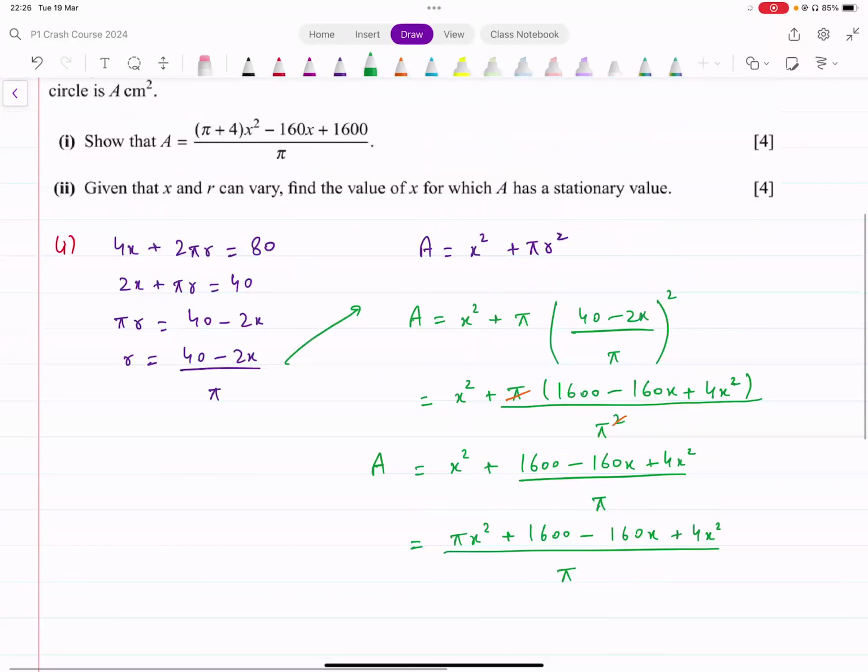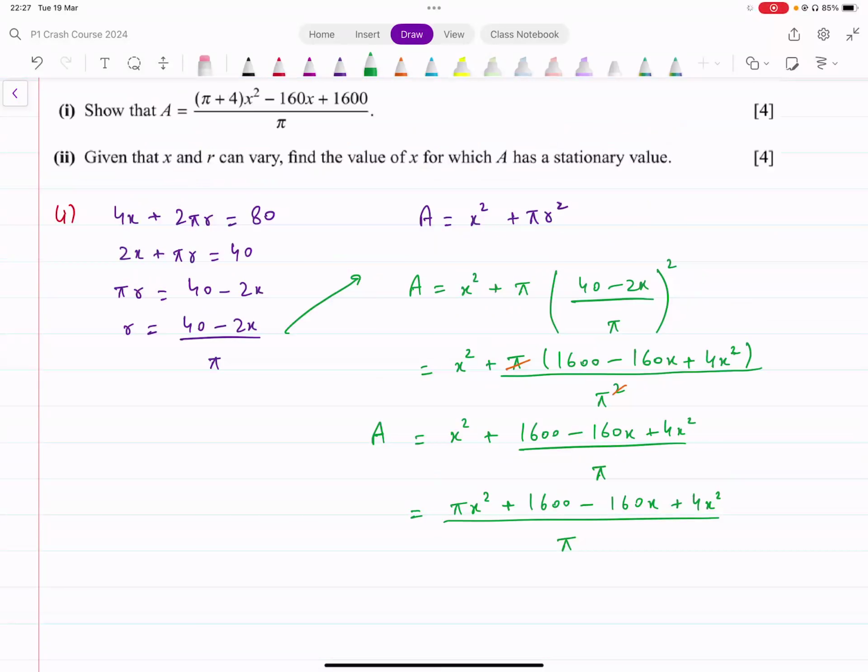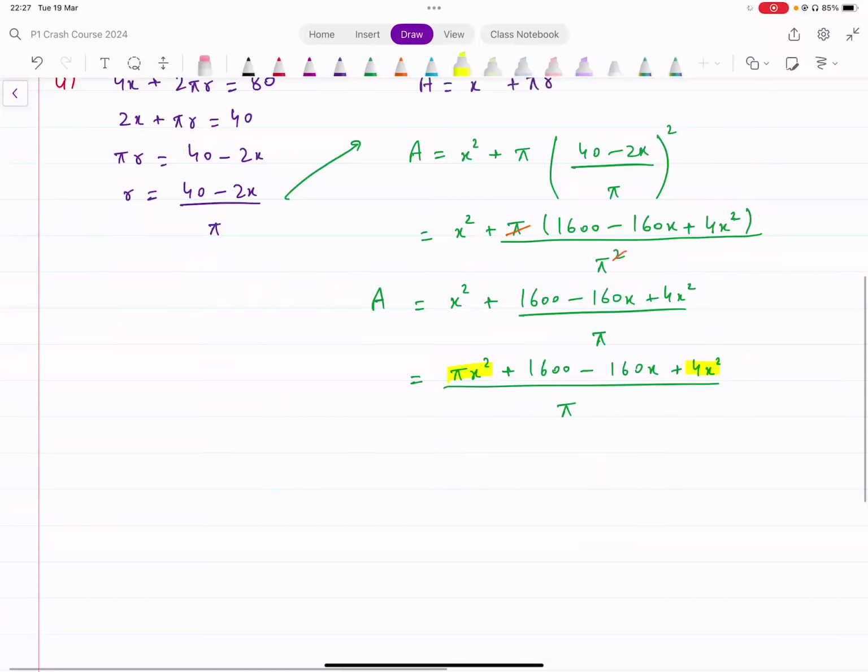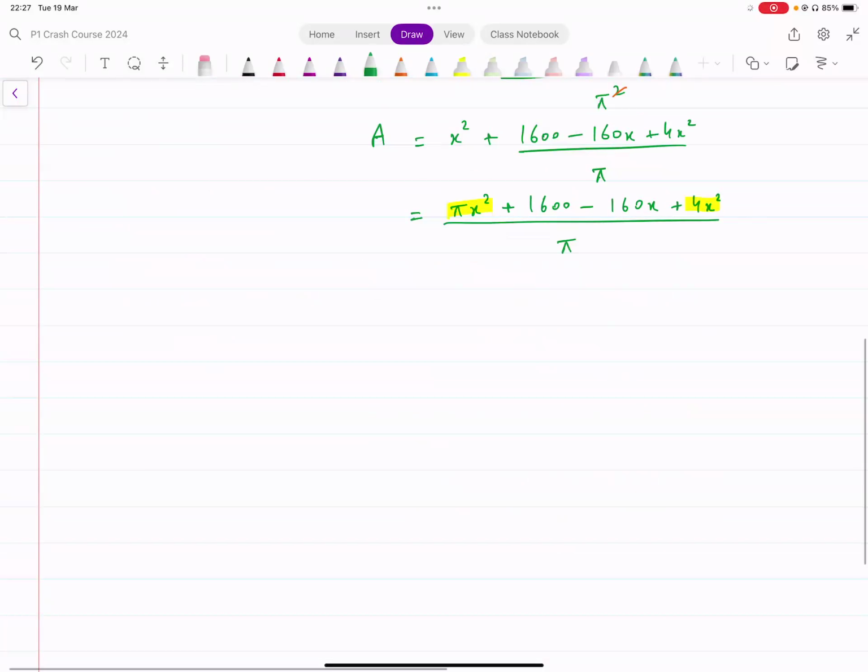Now again, compare with what you want at the end. You have minus 160x, you have minus 160x here. You need 1600, you have 1600 here. Then you have (pi plus 4) multiplied by x squared. We have two x squared terms. All we need to do is take x squared common from these two terms and write the coefficient of x squared separate.